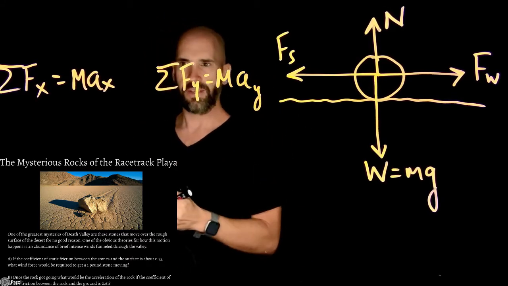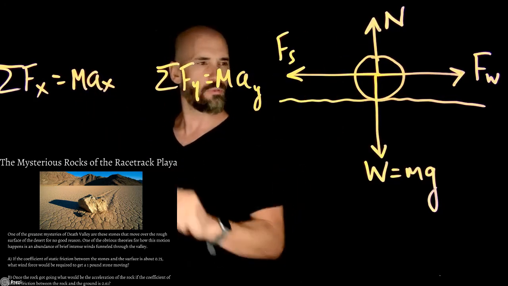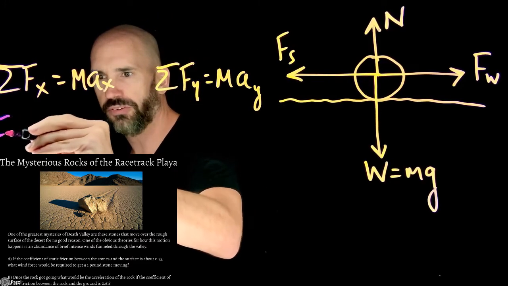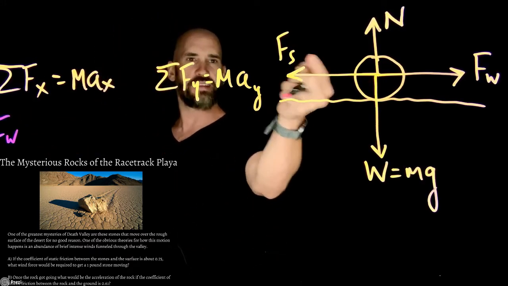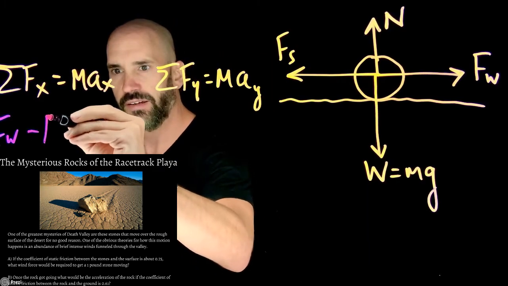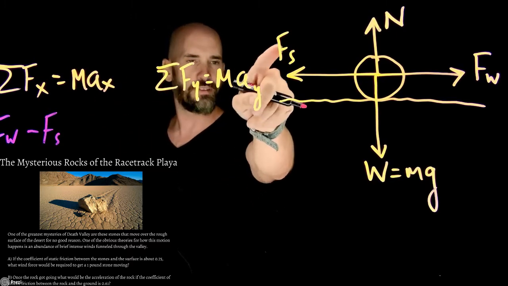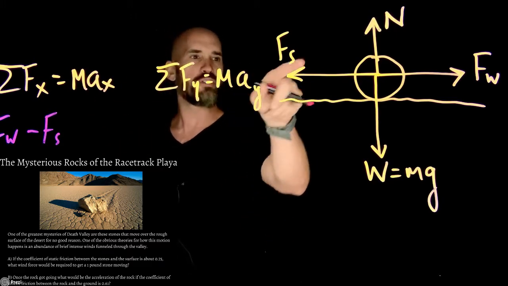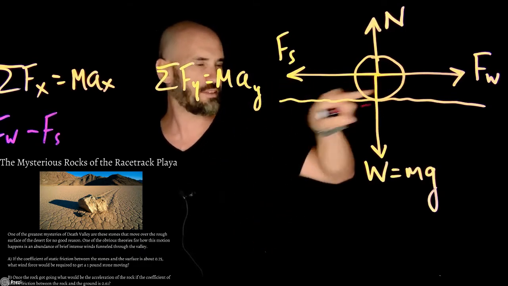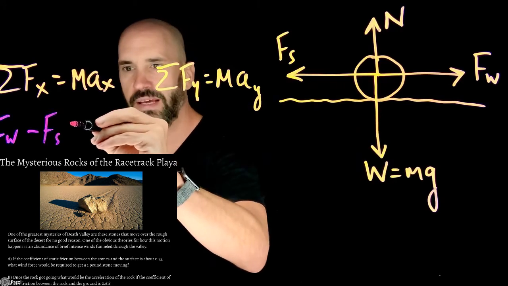Let's take a look at this. Now, what is happening in the x direction? Well, we got a wind force in the positive direction, so I'm going to put my positive wind force there, right? And then we got this static frictional force in the negative direction, so I'm going to put negative static friction force, right? And just a reminder, the frictional force always opposes the direction of the motion, right? And so if the wind wants it to move this way, static friction is going to be pushing this way, okay?